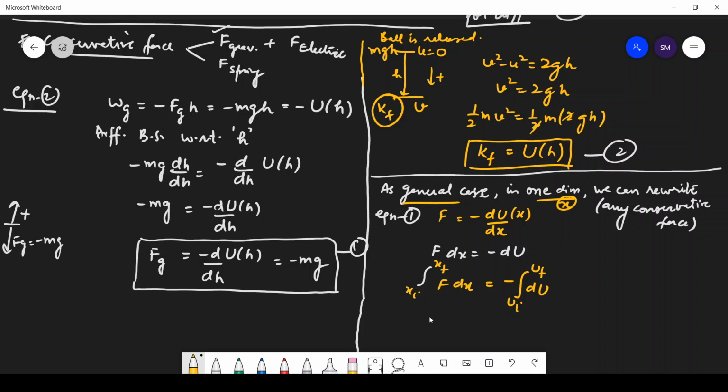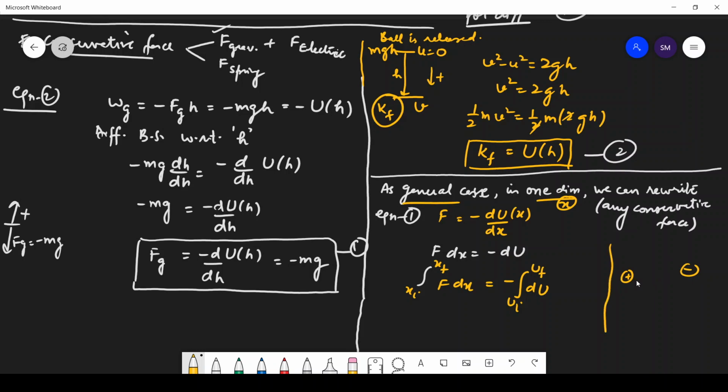Now what is this? This is the work done by a conservative force, and this is work done by a variable force. Let me tell you with the help of a very simple example. In an electrostatic field, it is easy to understand.